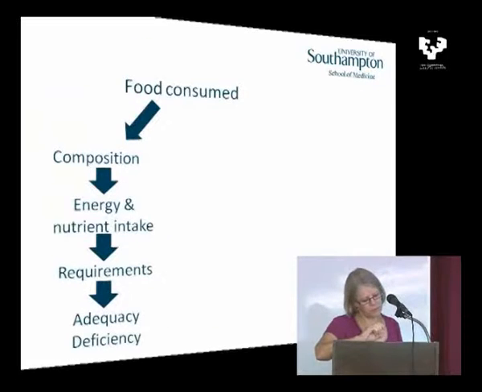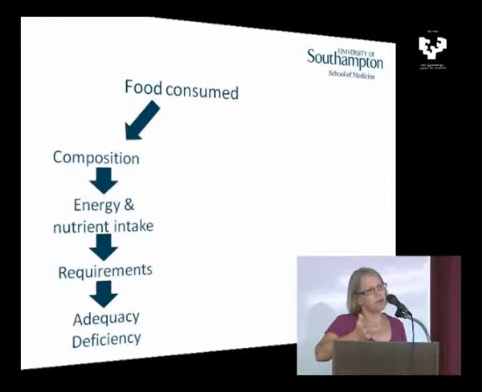We measure dietary exposure in 3 ways. This is the conventional way that you'll probably all be familiar with. We look at what people eat, whether it's a food frequency, 24-hour recall, etc. From that, we use food composition tables to calculate energy and nutrient intake.